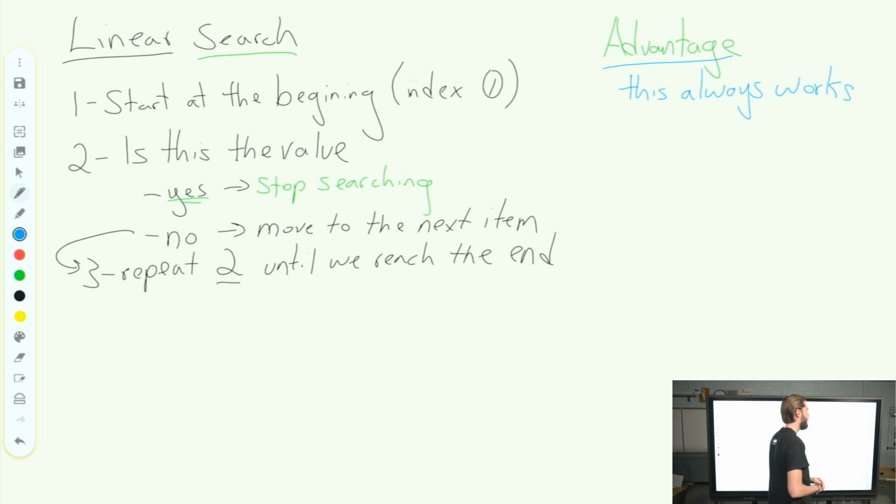If we're looking for something, we're always going to guarantee that we check every item in the array because we're going all the way through it from the beginning to the end. But there's a bit of a drawback to this. Because we always go from the beginning to the end, the disadvantage is that this is slow.